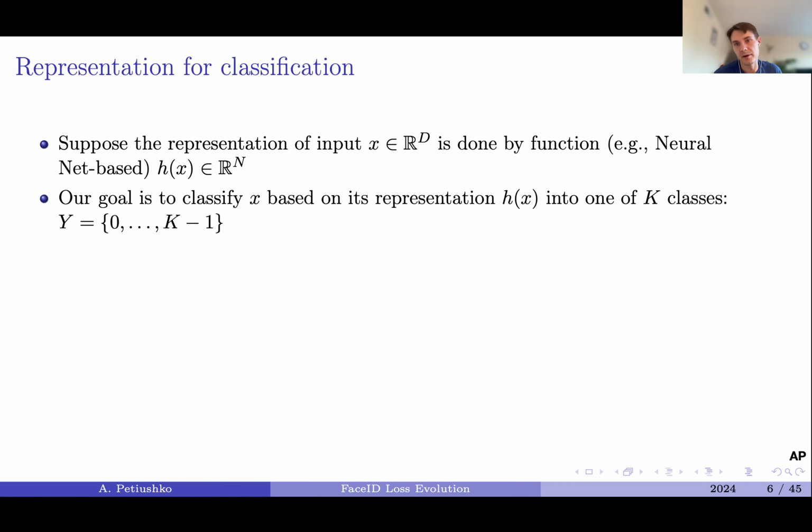The average representations h of x for each class tend to group around each class center. It means that no matter which example from some class, its representations will be very close to each other, and as a consequence close to the class center.